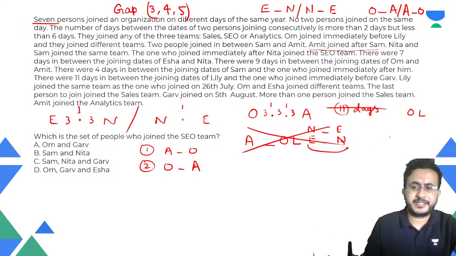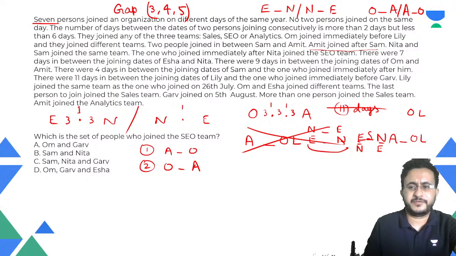Okay, then let us take another scenario, A dash O L. Then we will have E and N, or N E, in any order, and one person in between. So this person will be Sam, and who is the other person?